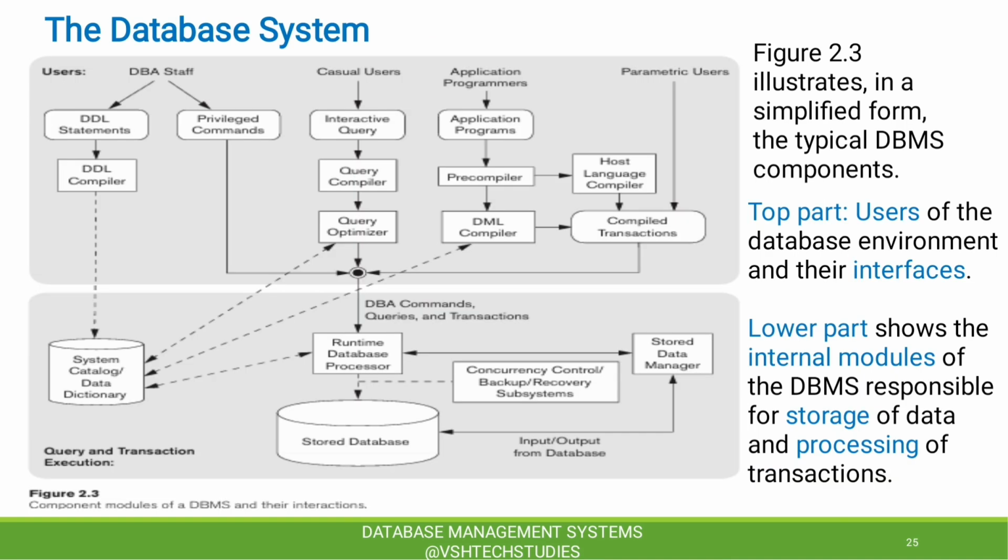In the figure, the stored data manager is here and the database is stored here. Data about data, or metadata, is stored in the catalog file here. If any access to this data and metadata is required, it is controlled by the stored data manager module.